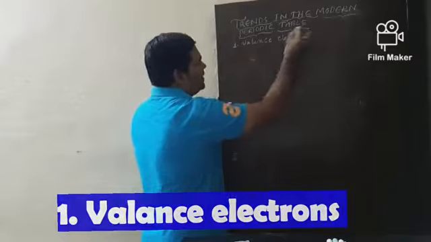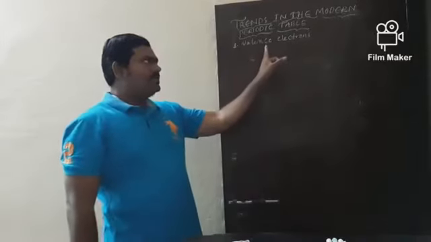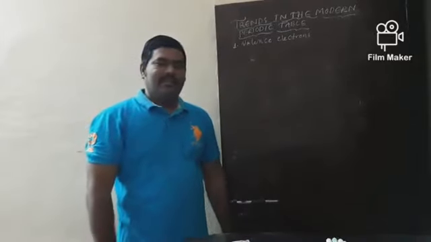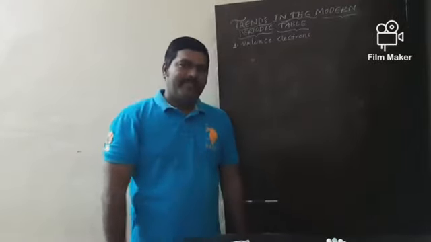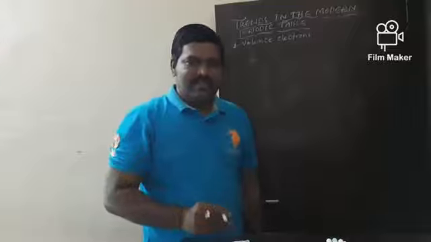Do you know what valence electrons are? Yes, you are correct. The electrons present in the outermost orbit or shell of an atom are called valence electrons.